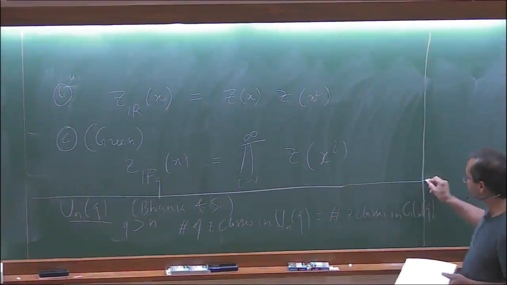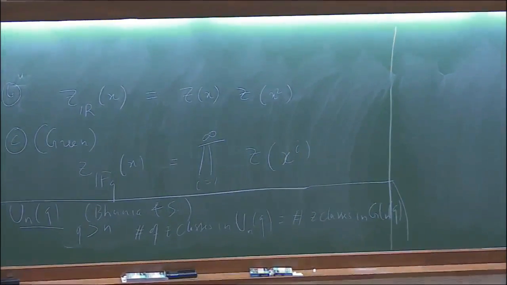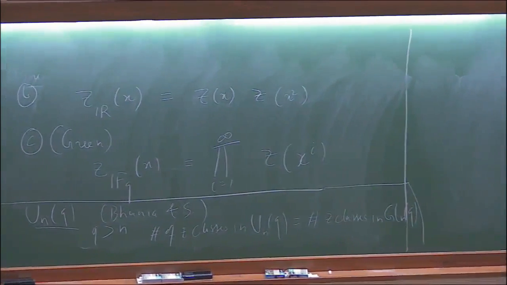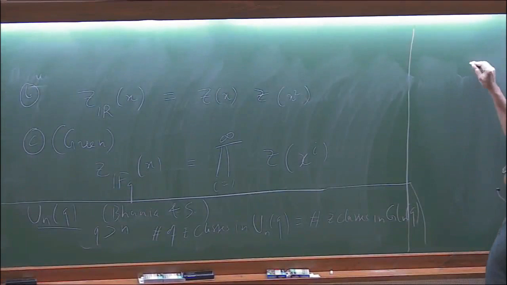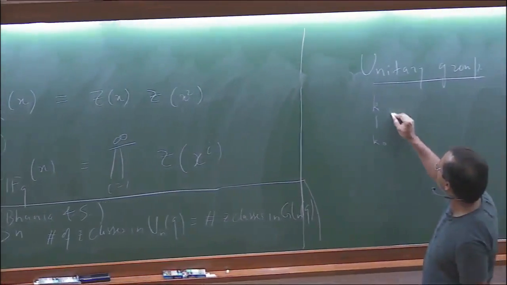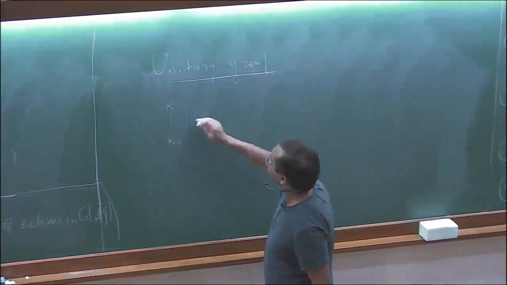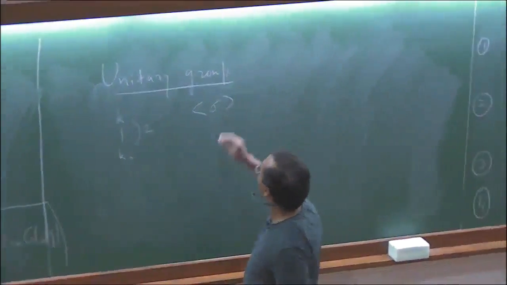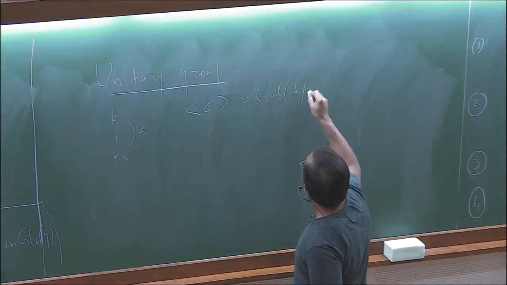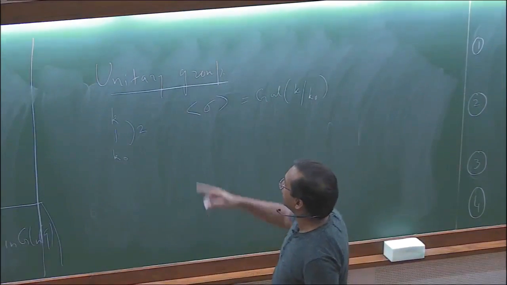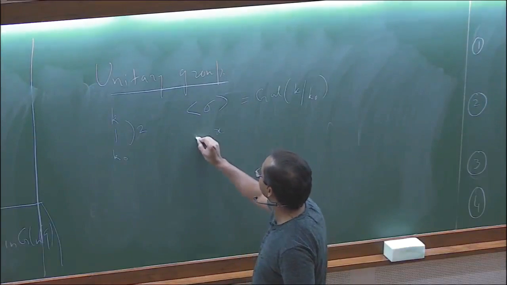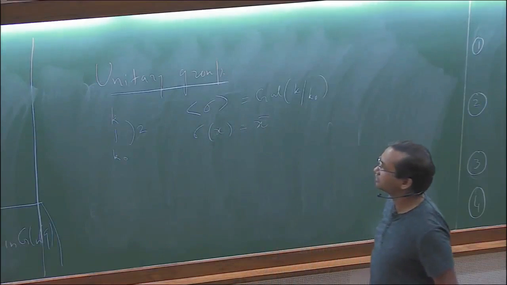Okay, so I'll now go back and try to sketch the proof for the unitary group. Let me first begin with defining a general unitary group. To define a general unitary group, I begin with a field extension of degree 2 with a Galois automorphism, let's say sigma. This is a degree 2 extension, and the automorphism is given by sigma. For simplification, sigma is denoted as bar.